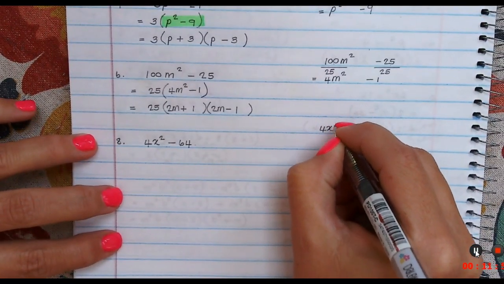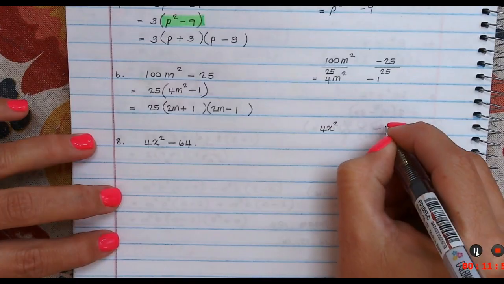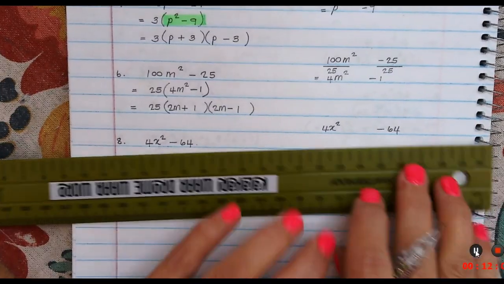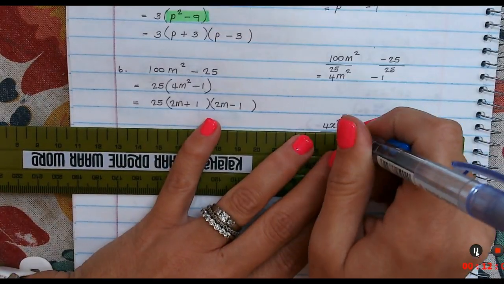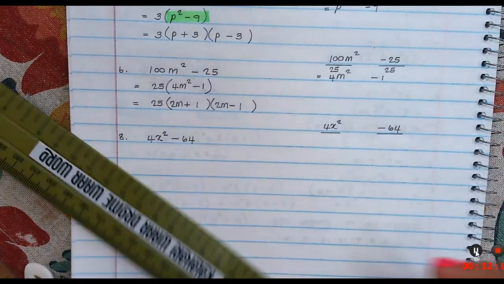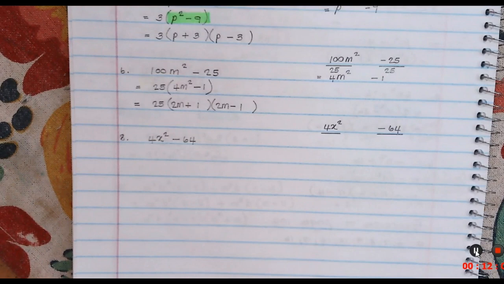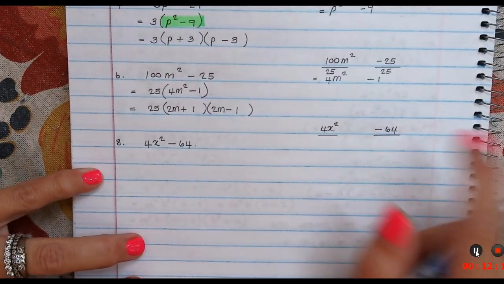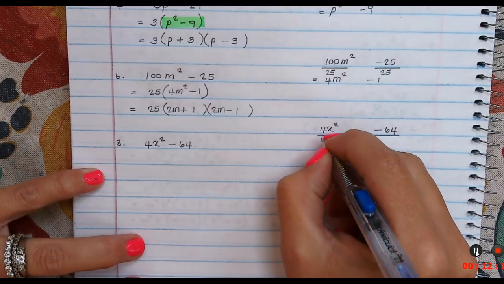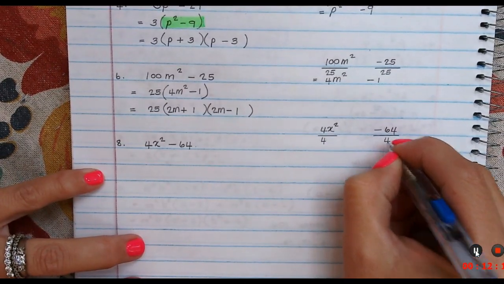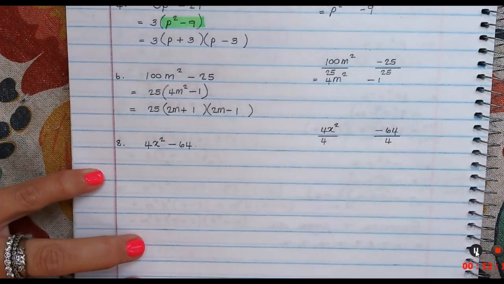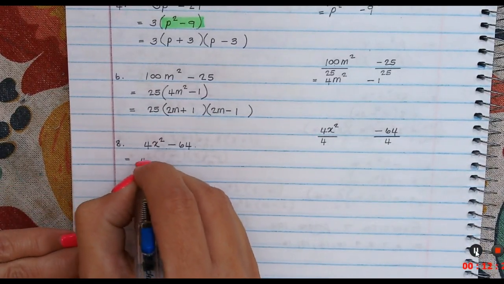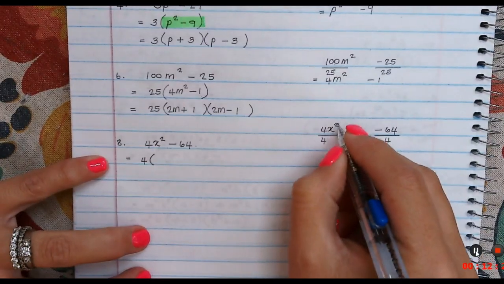So 4x squared minus 64. Again, I am not dividing by a negative number, seeing that the first term is not negative. The number that can divide with 4 as well as 64 is 4. I cannot divide by a variable. So 4 is my common factor.